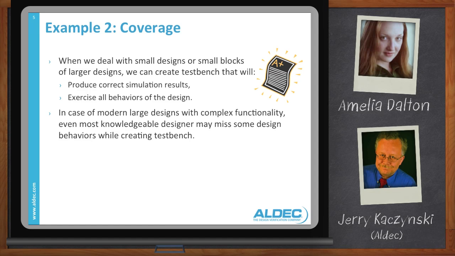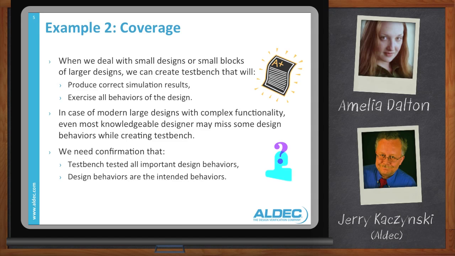But in case of modern large designs with complex functionality, even the most knowledgeable engineer may miss some design behaviors while creating a test bench. So we need some additional methods of getting confirmation that the test bench tested all important design behaviors, and even more important, that those design behaviors are the intended behaviors, not just something that happened as an accident while creating the design description.